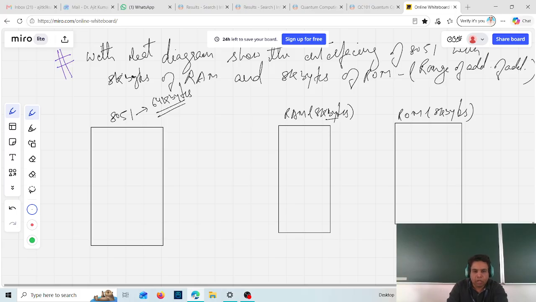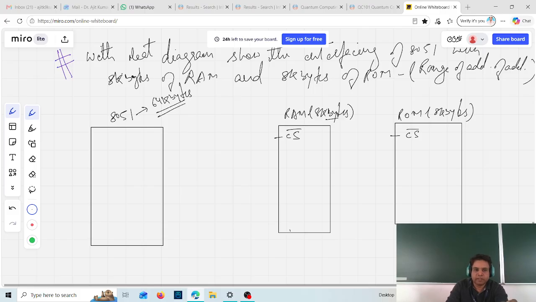So in that case, there will be some unutilized address bus, and that unutilized address bus should be used for chip selection. For this RAM, we have one chip selection CS, and for the ROM also we have CS, which is chip selection.